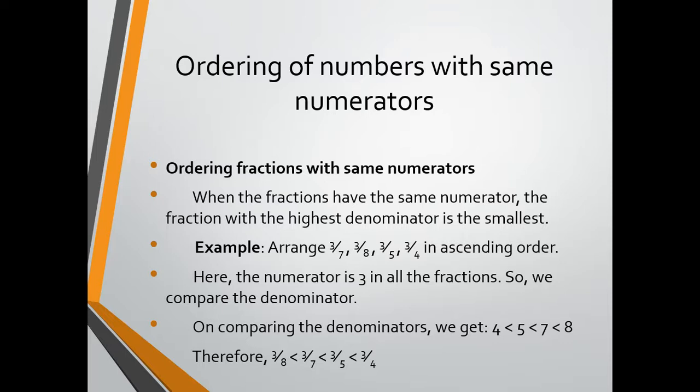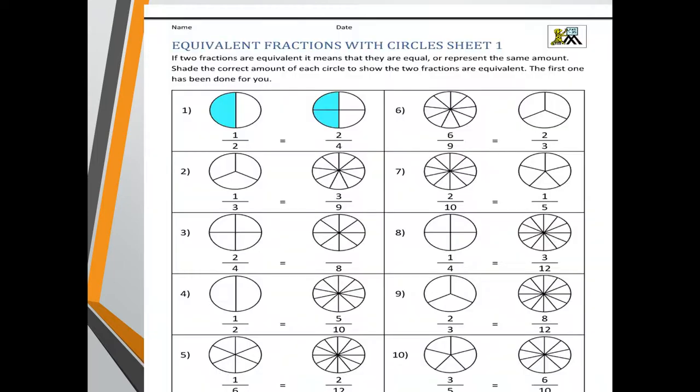That means if the numbers up are the same, the bigger the denominator, the smaller the fraction. The numerator is 3 in all of these examples. So 3 over 4 is the biggest, where 3 over 8 is the smallest.